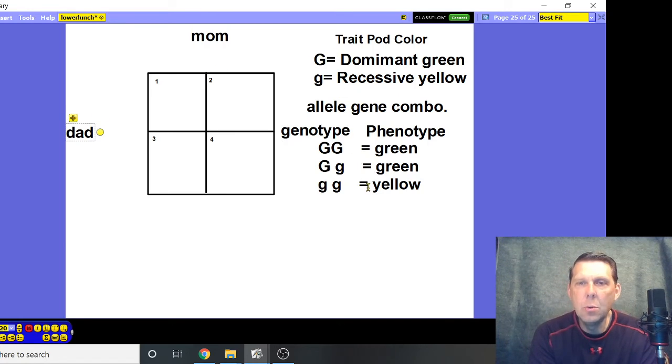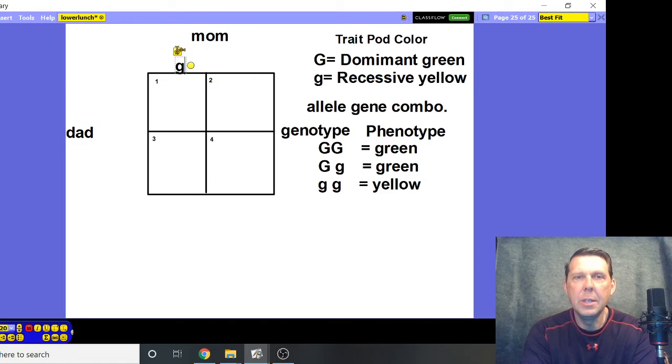That means the only way mom could have yellow is if she had an allele combination of little g, little g. Because if she had anything else, she would not be yellow. Mom must have little g little g as a genotype because she's yellow.